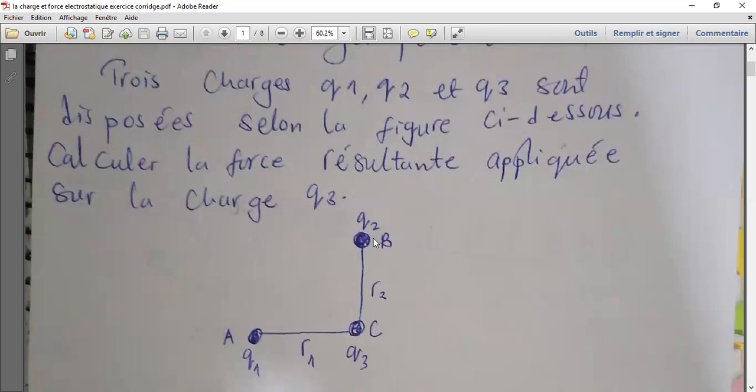Someone to answer me? Since they are saying calculate the force résultante appliquée sur la charge Q3, on which charge is the force directed? Is it on Q1, Q2, or Q3? Someone to help me?